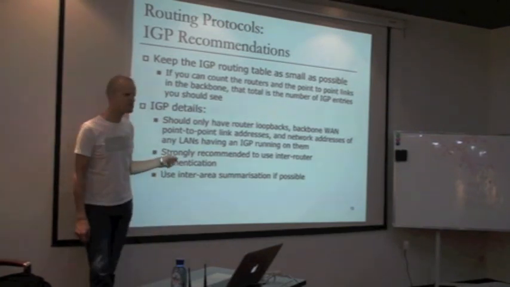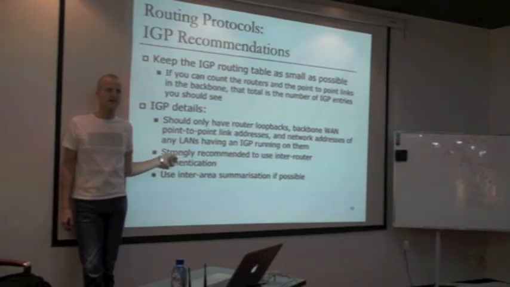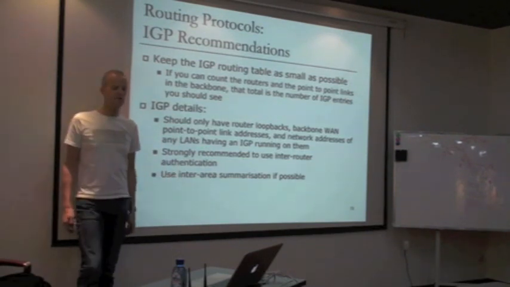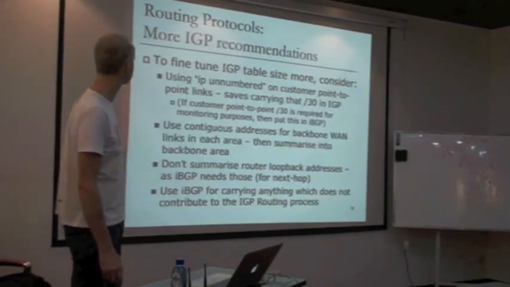Use inter-router authentication. Even though ISIS runs on the infrastructure, as you saw in the lab, it was quite easy to set up authentication. So may as well use it. It stops accidents from happening. If you're using OSPF, use authentication there as well. Summarization, if you can, will help reduce prefixes in ISIS.